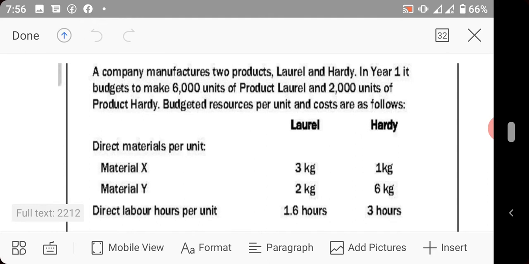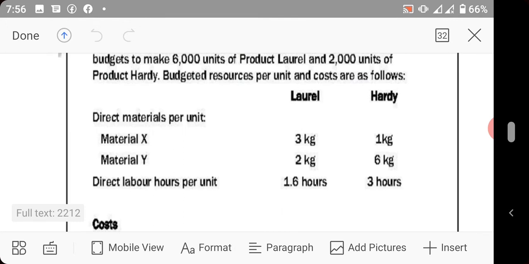I presented it. A company manufactures two products, Laura and Hardy. In year one, it budgets to make 6,000 units of product Laura and 2,000 units of product Hardy. Budgeted resources per unit and cost are as follows.